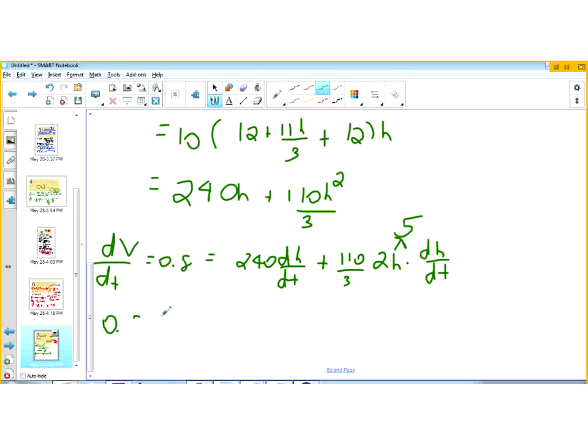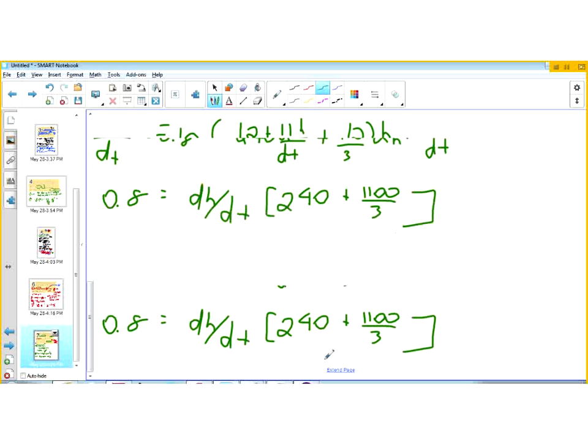We take H to be 5, the instantaneous value of H. So 0.8 is equal to dH over dt times 240 plus 1100 over 3.